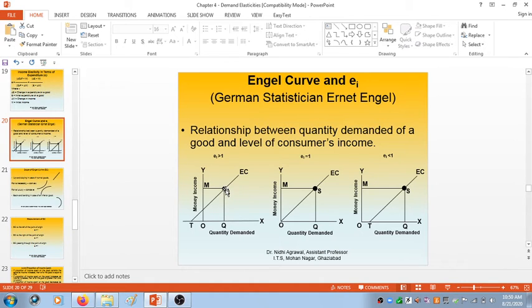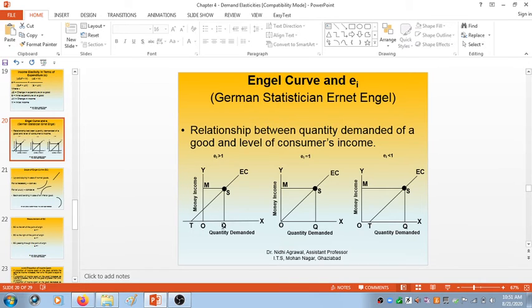At point S, if we calculate the slope, it will be the intercept on the y-axis. The intercept on the y-axis will be the value of OM, and it represents the change in income, that is delta M. On the horizontal axis, the intercept on the x-axis with respect to point S is measured from point T to Q. This will be equal to delta Q.